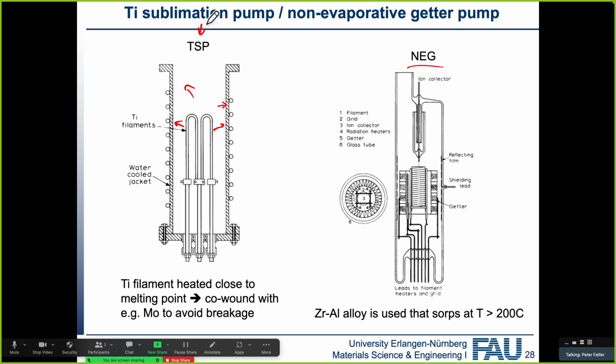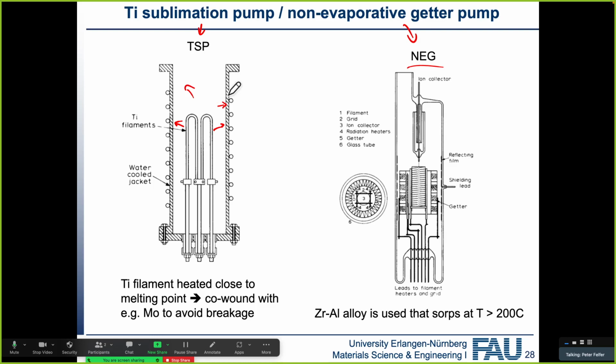So this is titanium sublimation pump and non-evaporative getter pump. And what a non-evaporative getter pump is the same thought. You produce a highly reactive surface of typically some titanium or titanium zirconium or zirconium aluminum alloy. There's a couple of different ones out there. And that then sorbs just as the titanium would sorb here.